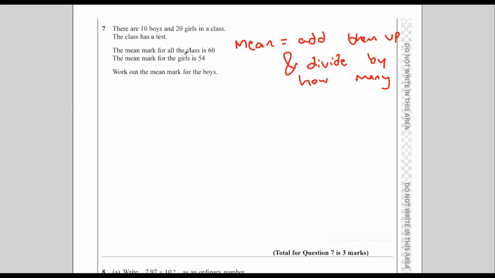Okay, so let's keep it simpler. Let's say boys mean equals boys total divided by how many there are, which is 10.